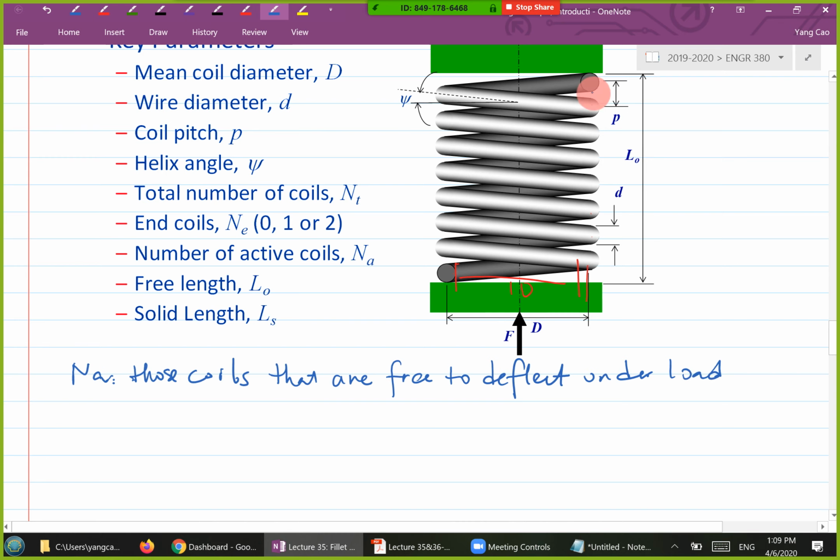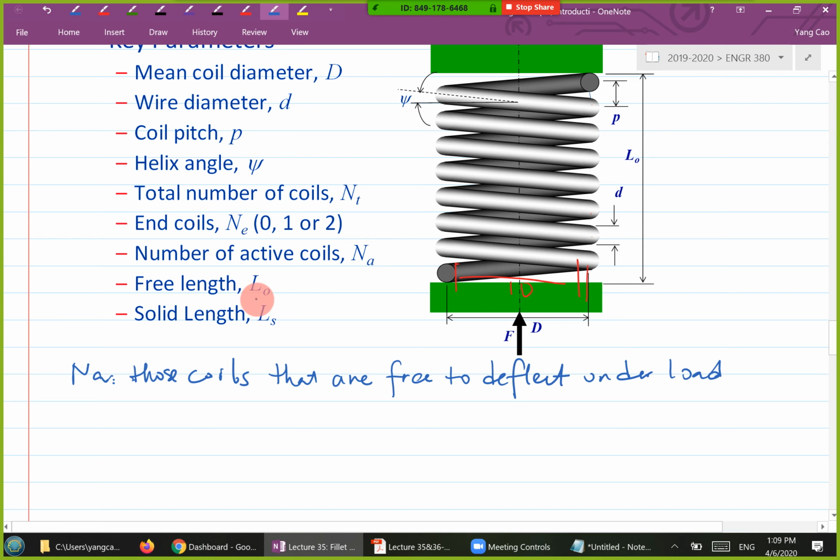Some of the endings of the spring are pressed, basically closing the gap right here, and you actually lose a certain number of coils due to that type of ending. So NA can be different from NT. Just make sure you understand that.